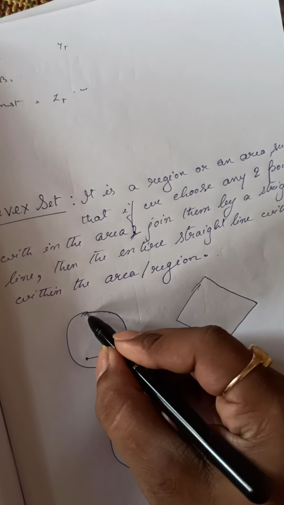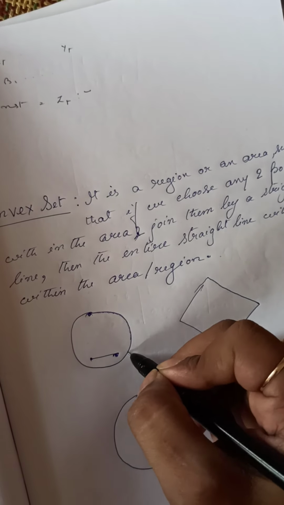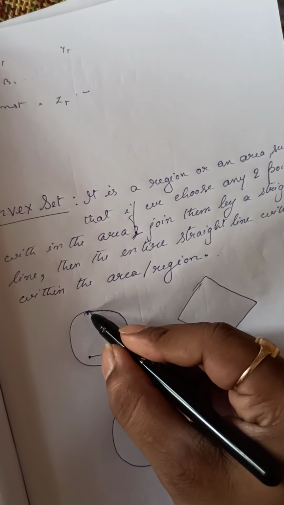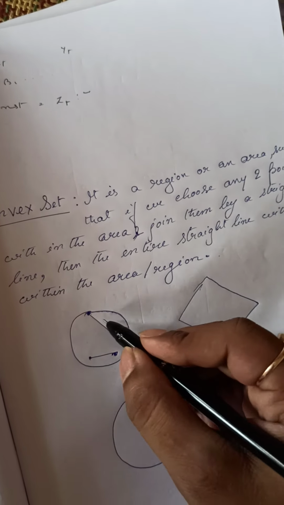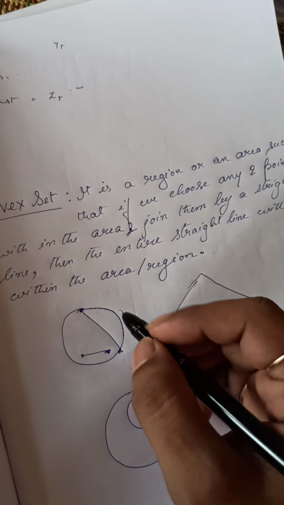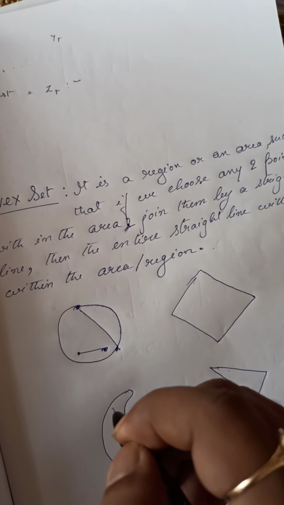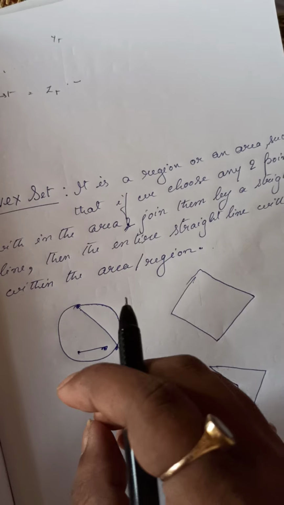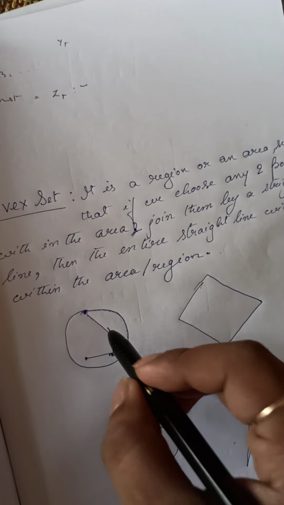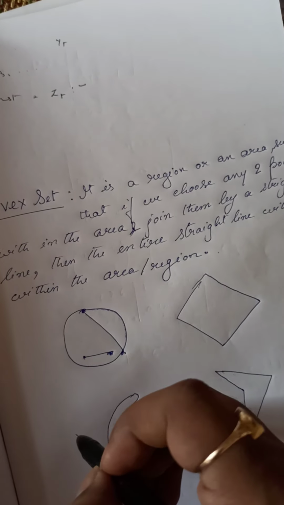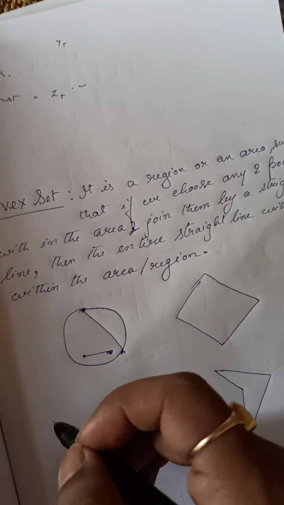Again, if you take any 2 points such as this and this, and join them, then again all the points within this straight line are lying within the diagram or the area. So this line is also satisfying the criterion of a convex set.